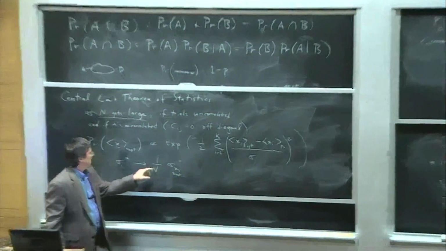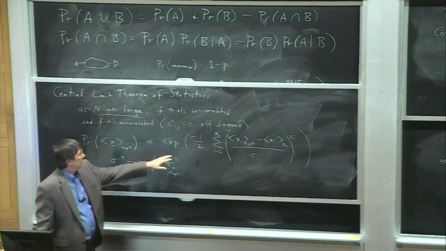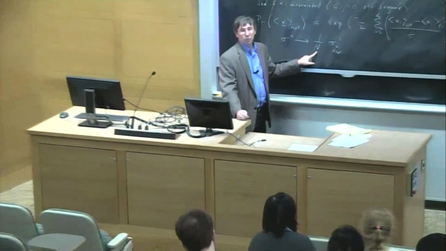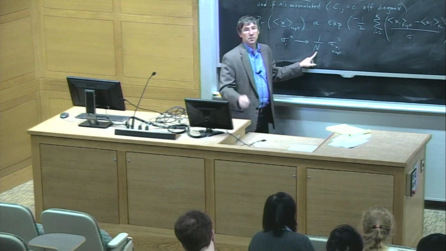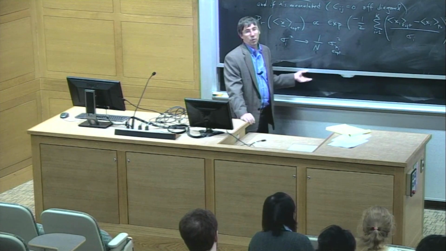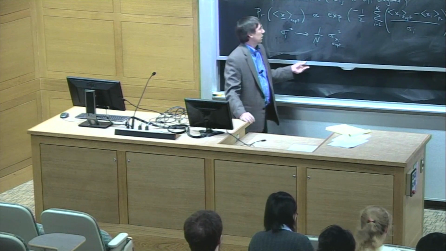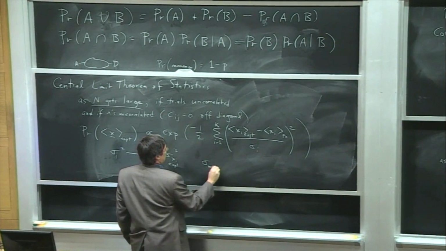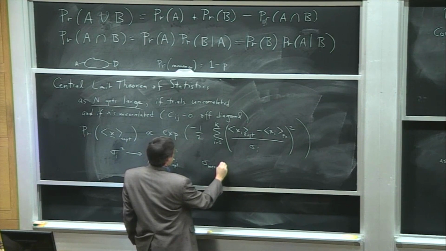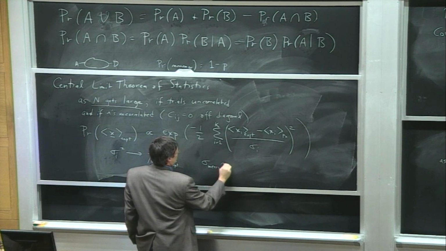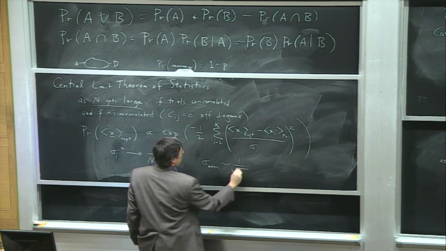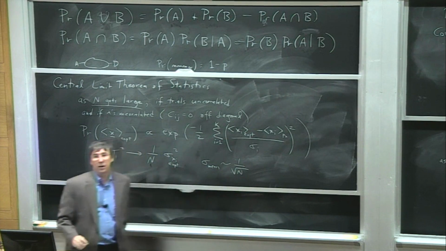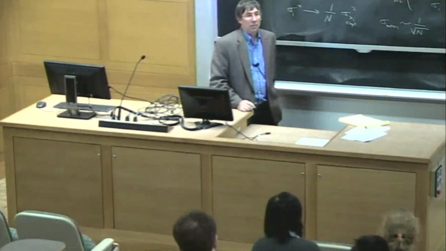So what this says is that the width of this Gaussian distribution gets narrower and narrower as you increase the number of repeated experiments, or increase the number of samples. So this is really saying that the uncertainty in the mean is scaling as 1 over root n, where n is the number of samples or experiments that are repeated. Okay?